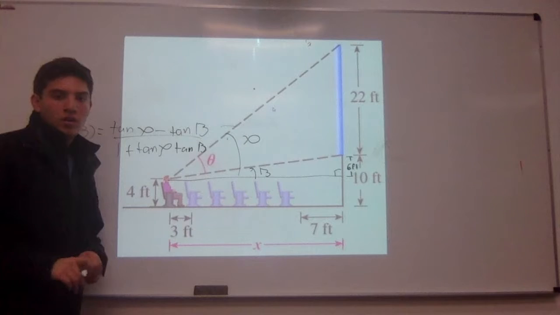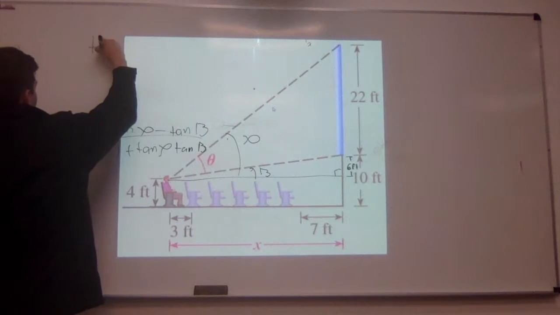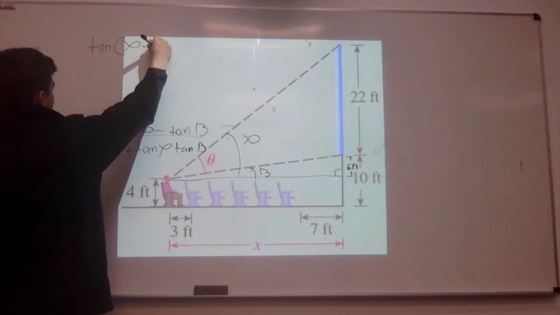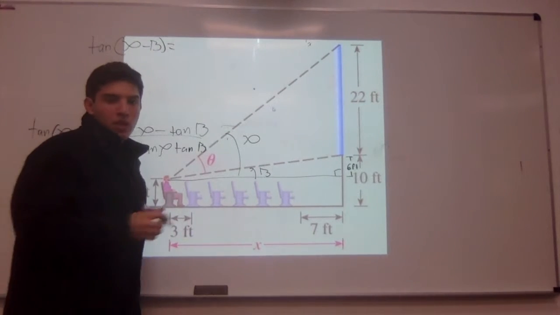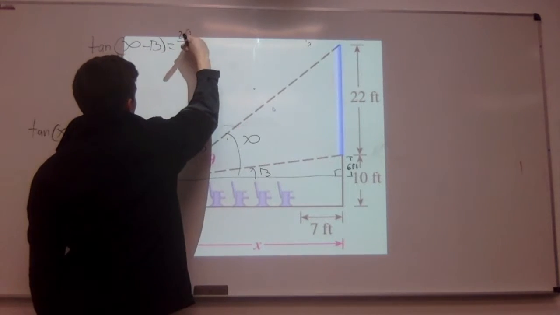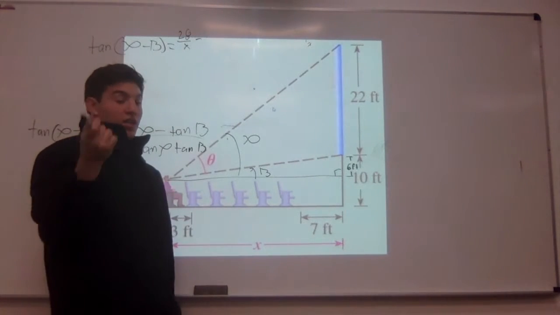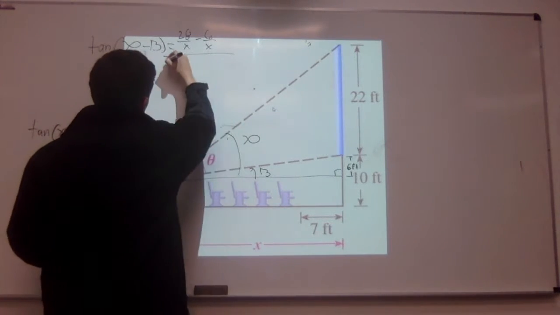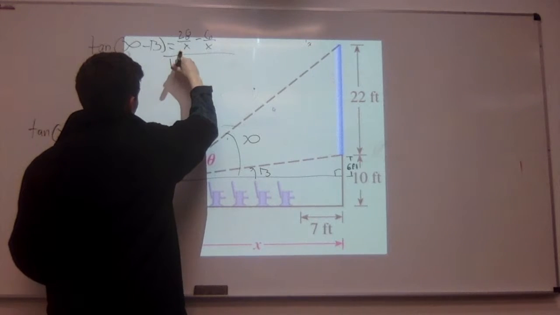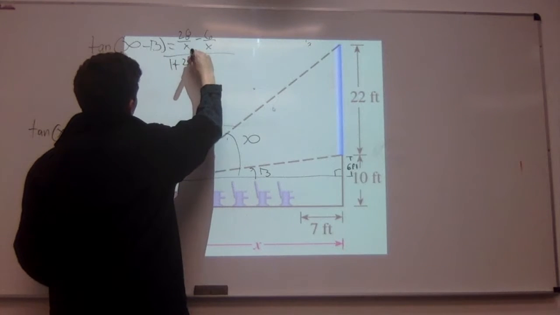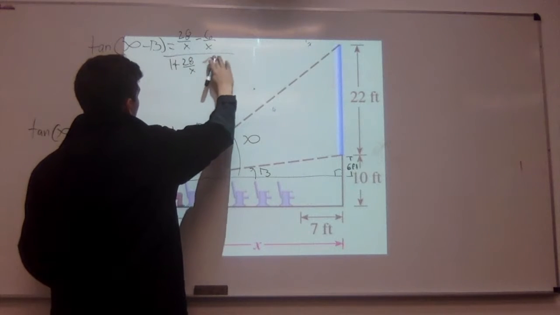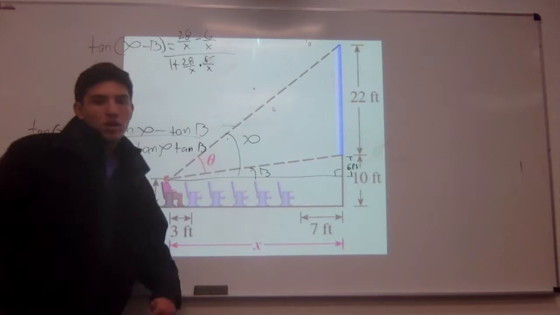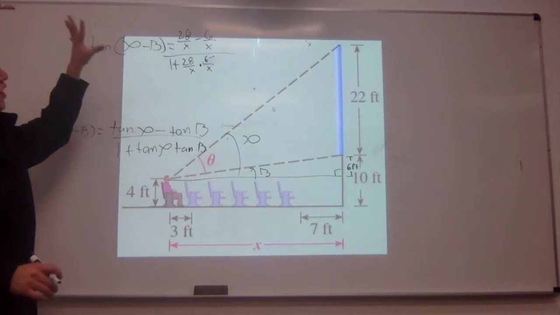We have the tangent of alpha minus beta is equal to 28 over x minus 6 over x, over 1 plus 28 over x times 6 over x. So in this case we have this formula.